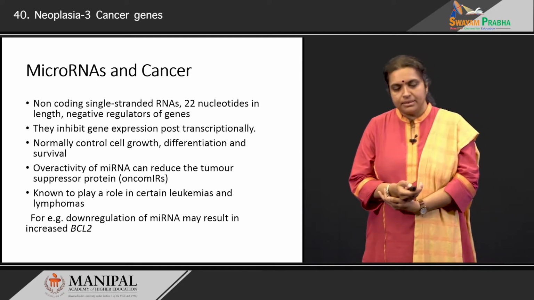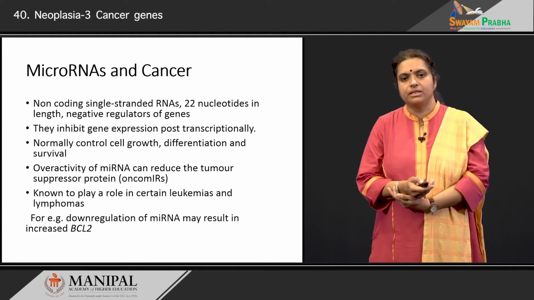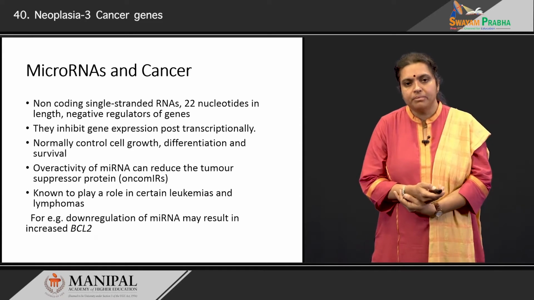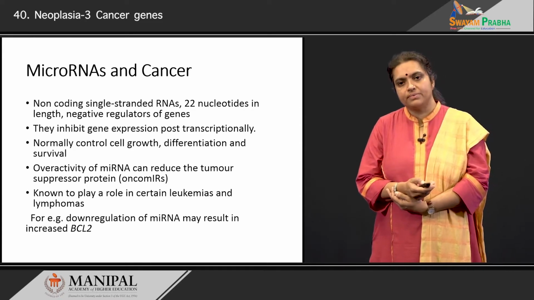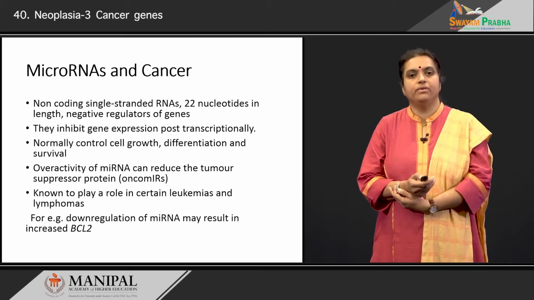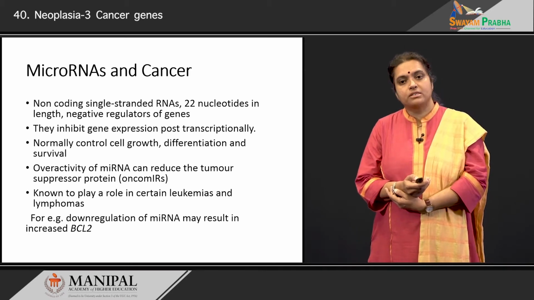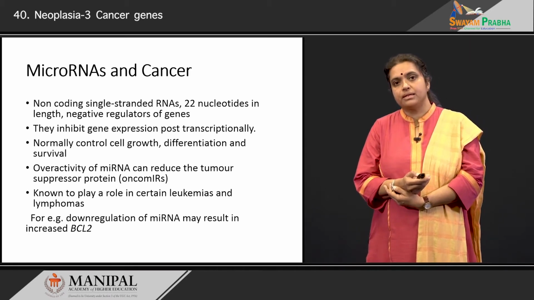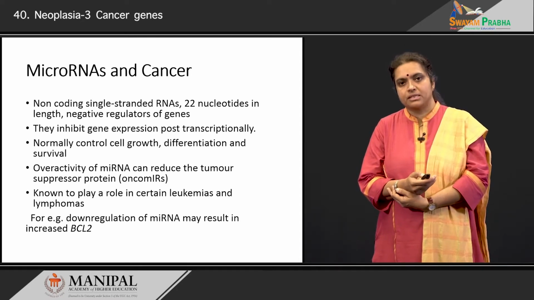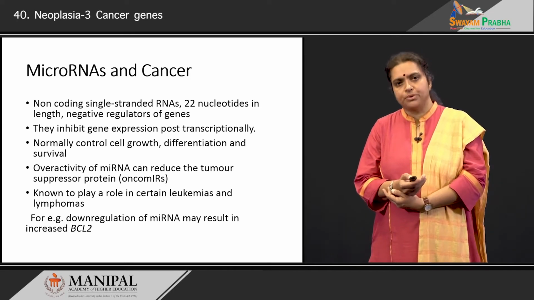The other new and emerging aspects of genetic changes in cancers include the microRNAs. MicroRNAs are nothing but single stranded RNAs which are about 22 nucleotides in length. They are normally negative regulators of genes. They inhibit gene expression post-transcriptionally. You know that the genes are first transcribed into mRNA, and then translated into protein.